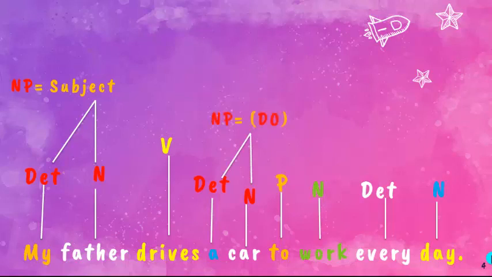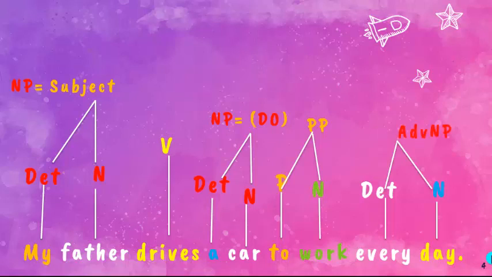A car, determiner and noun. So the noun phrase functions as direct object of the verb drive. To work, preposition and noun, prepositional phrase. And determiner, every, and noun, day.